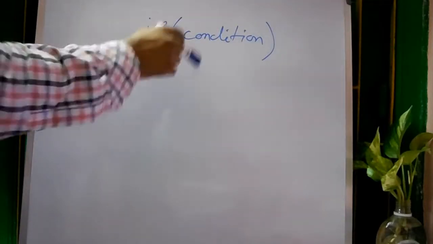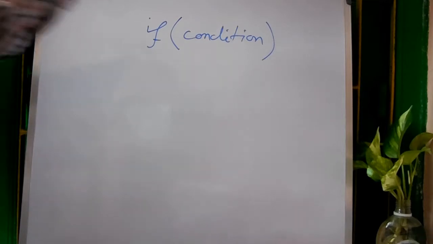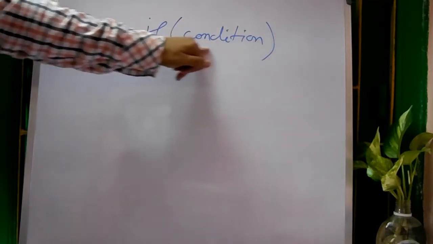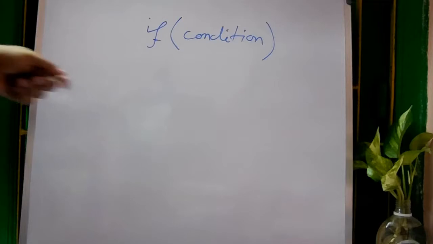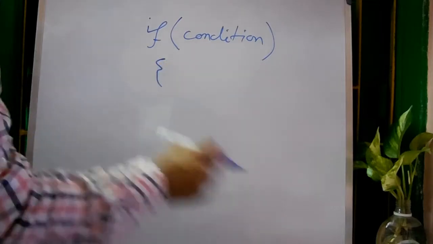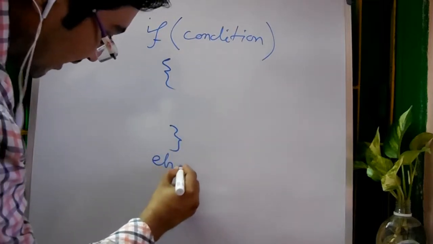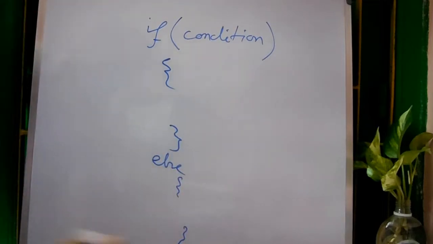So how does it look? Remember, this condition always returns a boolean value, that means either true or false. Depending upon this boolean value there will be two blocks. This is one block, and after the else there will be another block.